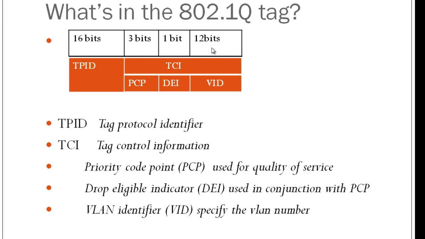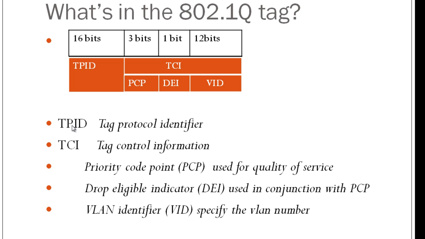Okay, what is in the 802.1q tag? Let's first look at how many bits we have on the 802.1q tag. We have 32 bits, and those bits are divided into two big fields.